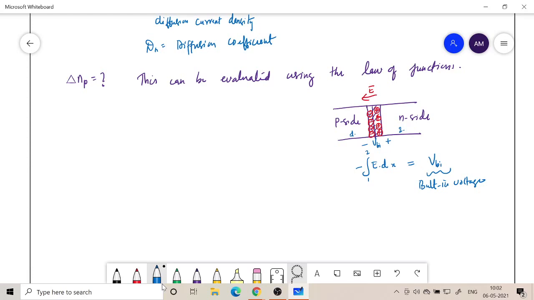So for electrons there will be an equilibrium, and for holes separately there will be an equilibrium. If I take the electron equilibrium, what I mean is the electron current due to diffusion, that is due to the concentration gradient, which I earlier wrote as dN by dx.